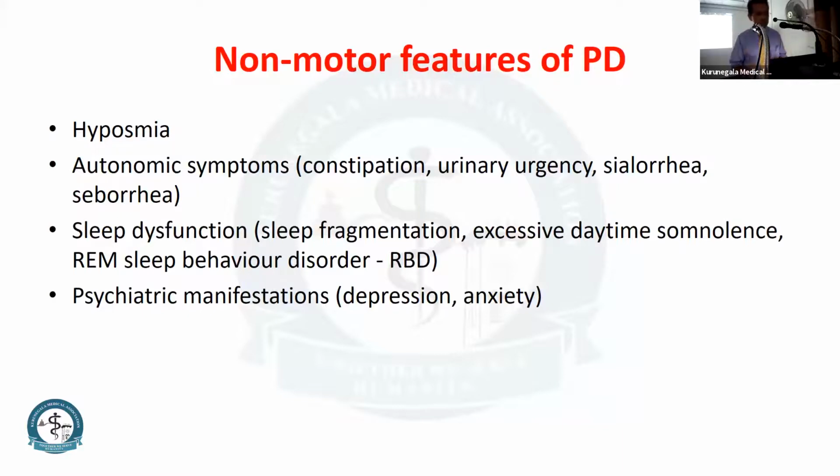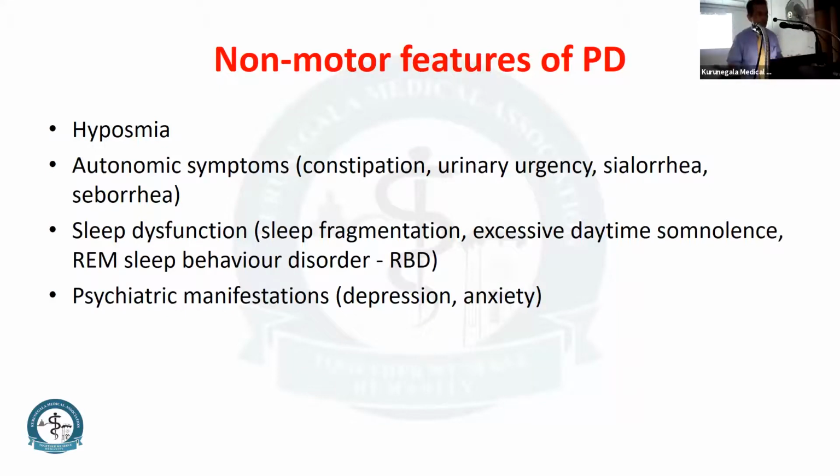Patients have constipation, urinary urgency, drooling of saliva, sweating, seborrhea. Sleep dysfunctions like sleep fragmentation. These are all features of Parkinson disease. These are non-motor features of Parkinson, which may precede Parkinson disease. Now, sometimes when patients come with Parkinson disease, we see several years earlier, they have had loss of smell.